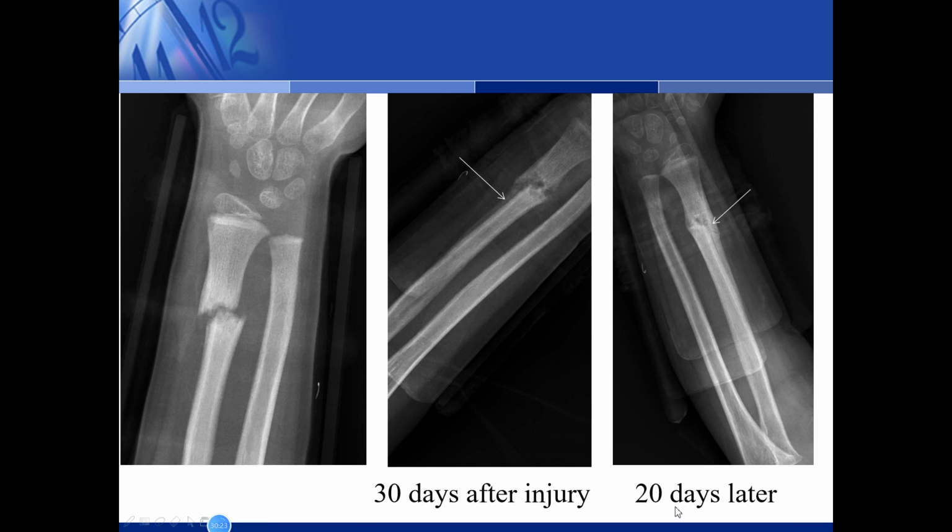Then 20 days later, the new bone forms and is deposited between the ends of the bone, and finally the bone becomes a firm bone union.